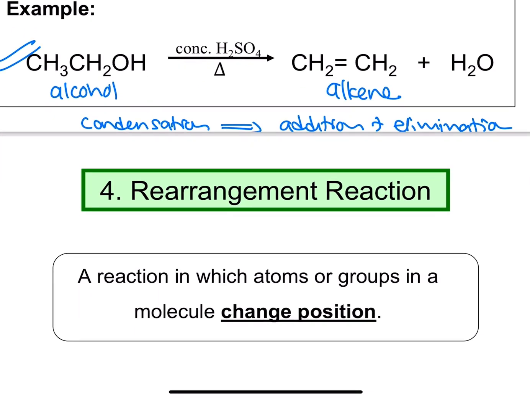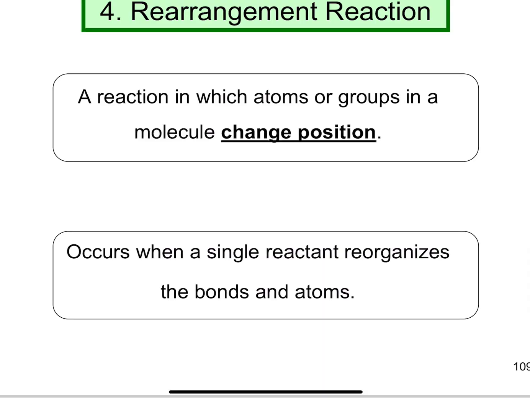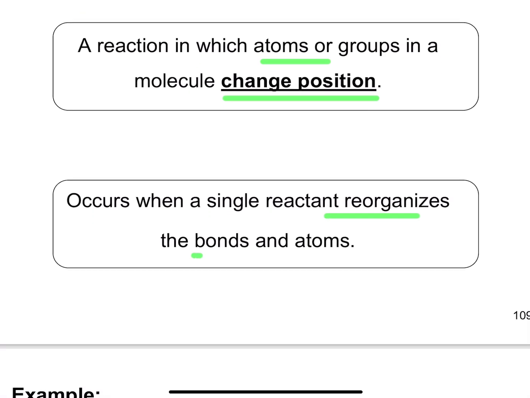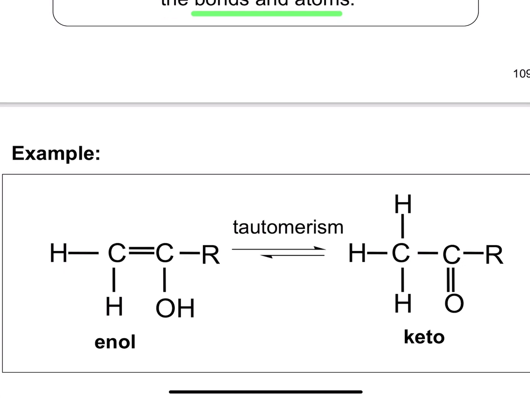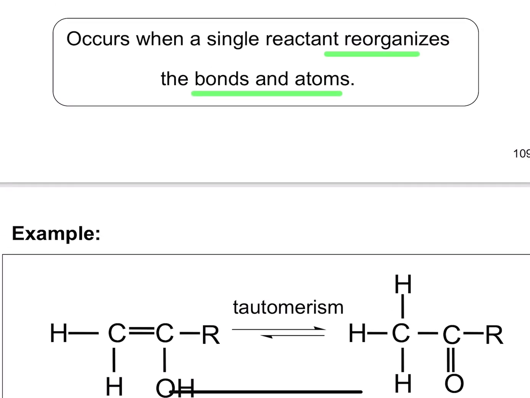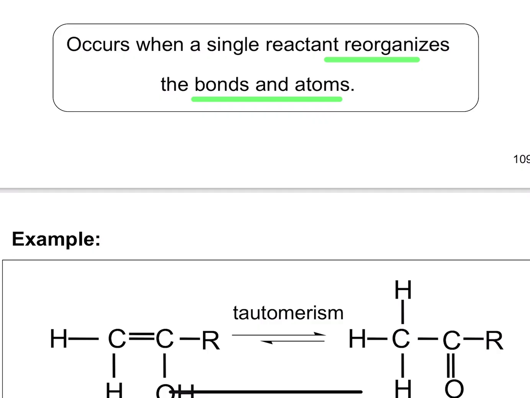And finally, we have rearrangement. You can already guess that it would involve a change in atom position. It occurs when a single reactant reorganizes the bonds and atoms. This example here is a high-level example, but in your syllabus, we will be looking at rearrangements of carbocations.